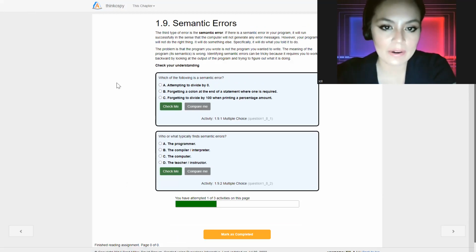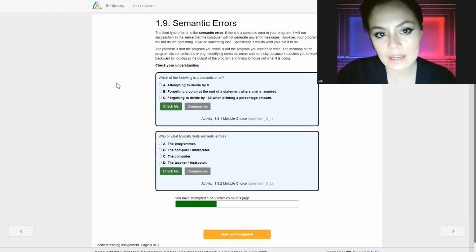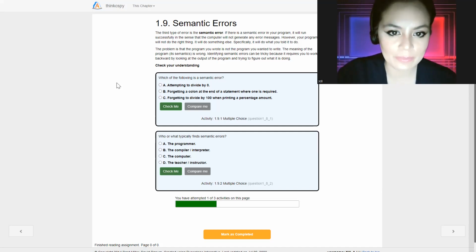The third type of error is the semantic error. If there's a semantic error in your program, it will run successfully in the sense that the computer will not generate any error messages. However, your program will not do the right thing, it will do something else.